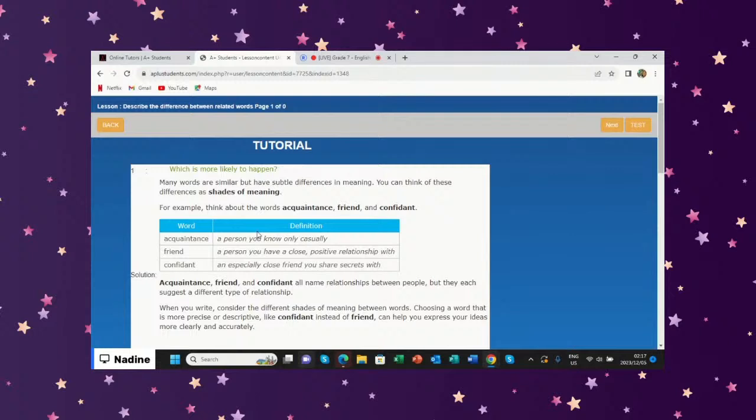And then we have a friend. If you call someone your friend, the true meaning of a friend is a person you have a close, positive relationship with.